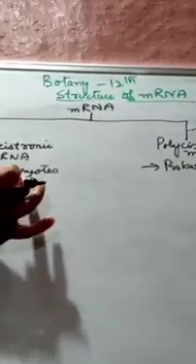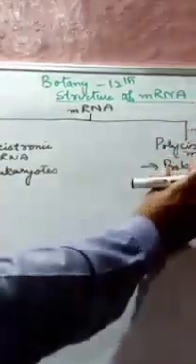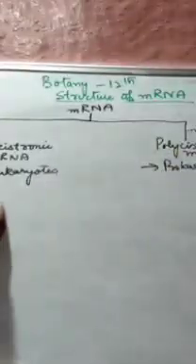Monocistronic mRNA is mainly found in eukaryotes, while polycistronic mRNA is found in prokaryotes.